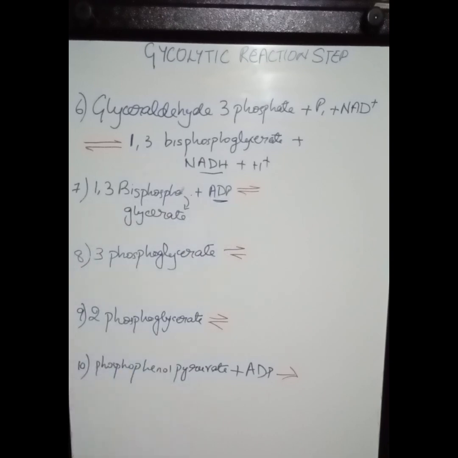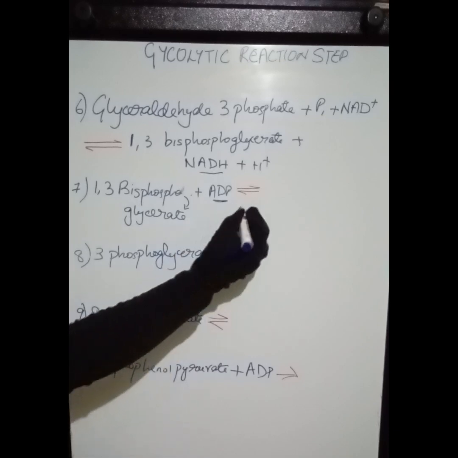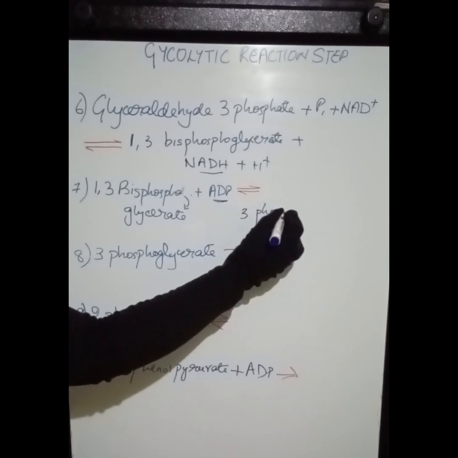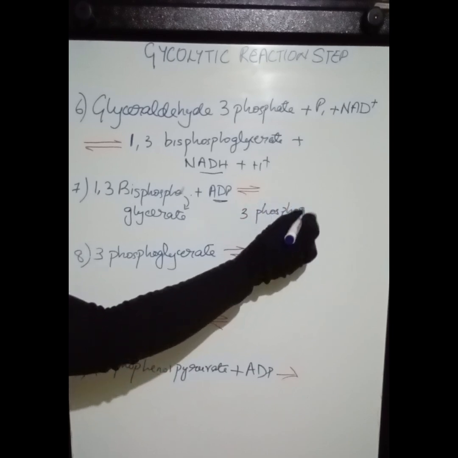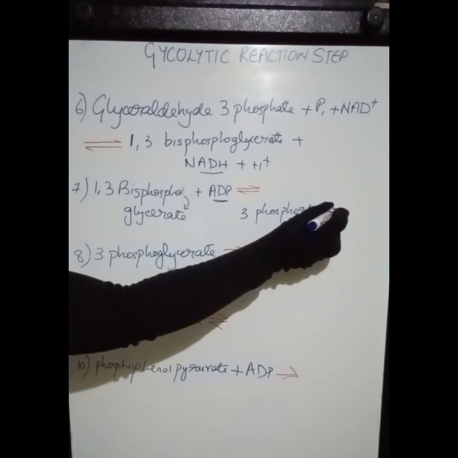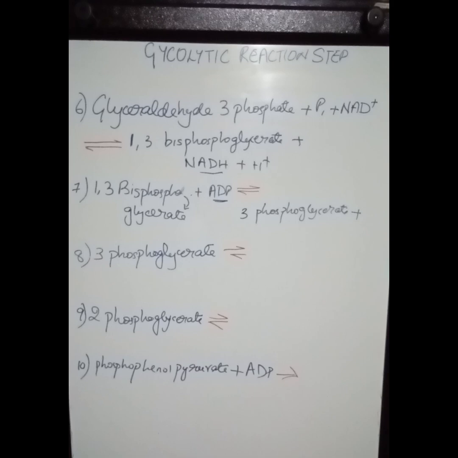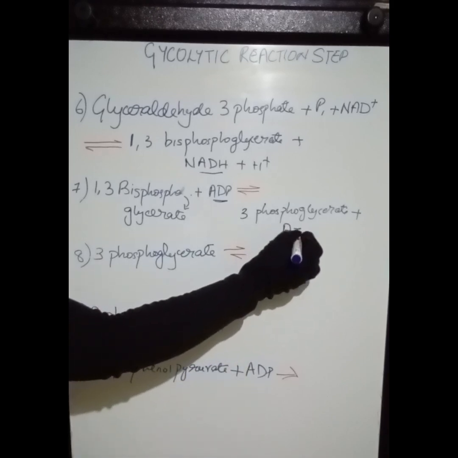So it takes the ADP molecule, it starts producing 3-phosphoglycerate, plus 1 molecule of ATP.